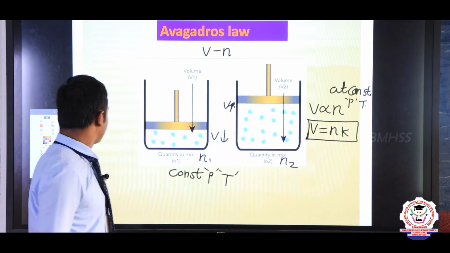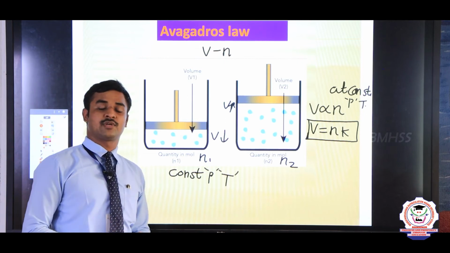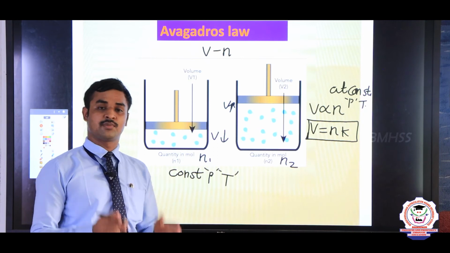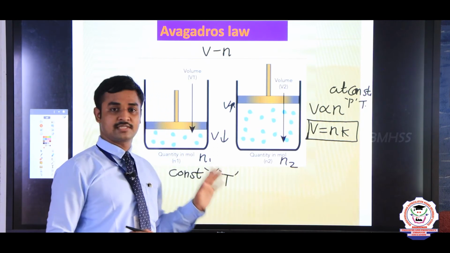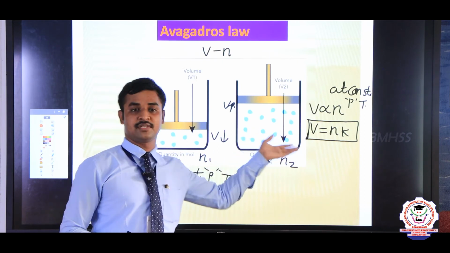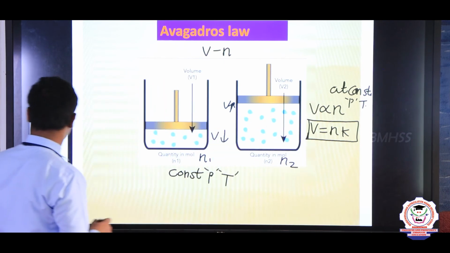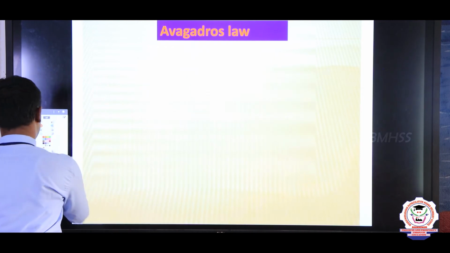By knowing this law, you can know all the gas laws. The three main laws for gases are Boyle's law, Charles's law and Avogadro's law. In Boyle's law we discussed pressure and volume. In Charles's law we discussed volume and temperature, and Avogadro's law gives a definition between volume and the number of moles. Let us see one thing.